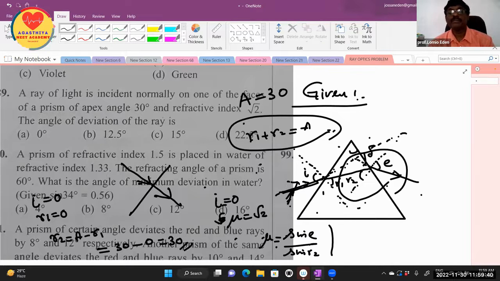Okay, and then how to find out E? Sin E is equal to mu into sin R2. Already we have found out R2 as 30. Mu is given as root 2. Root 2 into sin 30.